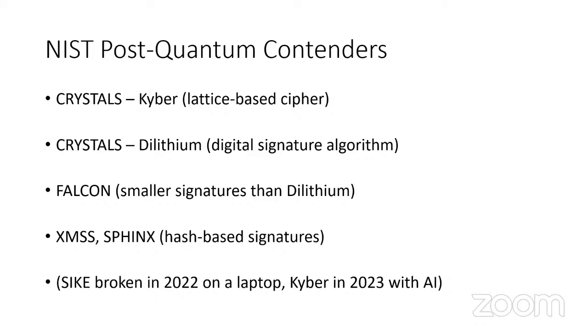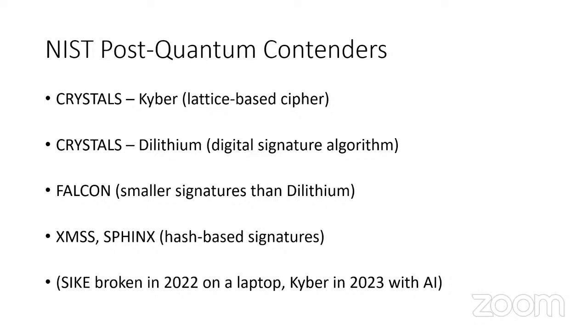And then Kyber was actually broken with an AI algorithm, which nobody thought someone was going to apply to the problem. So I think Kyber is going back to the drawing board and figuring out what they can do differently.